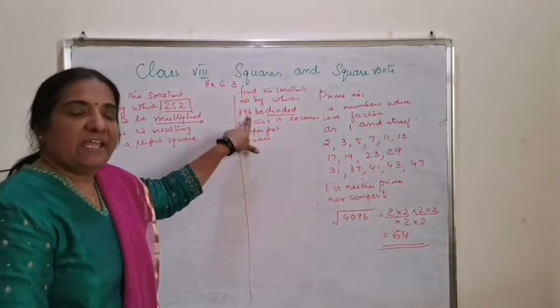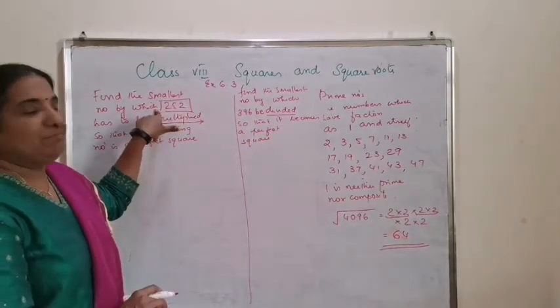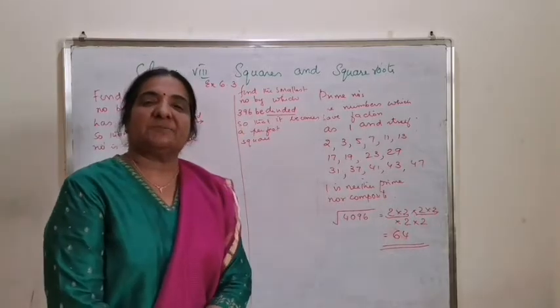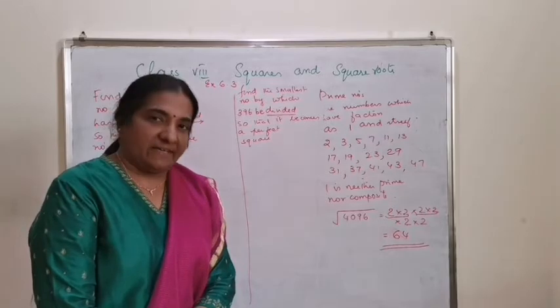We have to multiply 252 with the smallest number. We have to divide 396 with the smallest number. The method remains the same, the prime factorization.